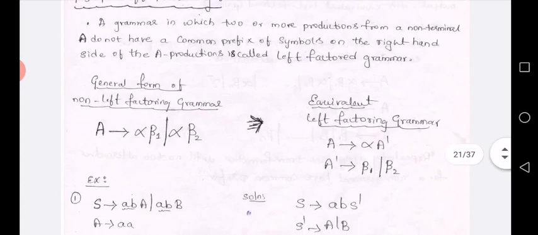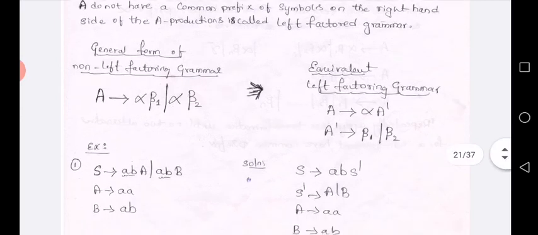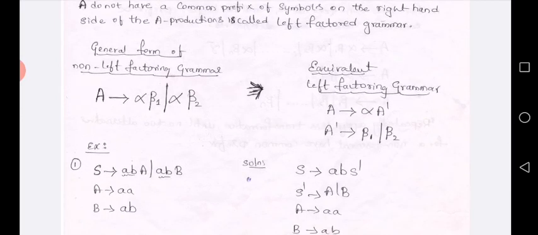Now we'll see the general form of a non-left factored grammar: A derives alpha beta 1 or alpha beta 2, exactly.